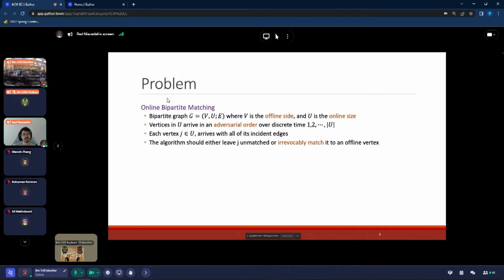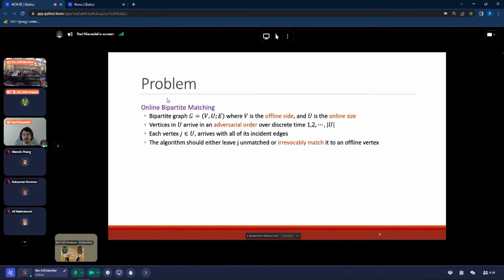Whenever an online vertex J arrives, it arrives with all of its incident edges. At this point, the algorithm should either leave J unmatched, or irrevocably match J to one of the offline vertices, and it can't change that decision later.